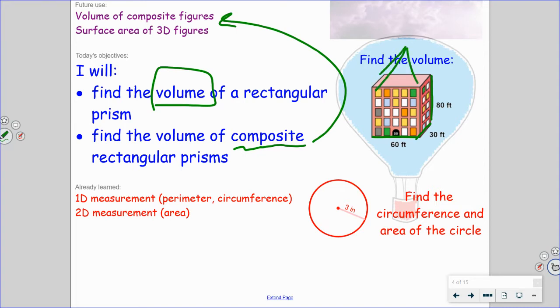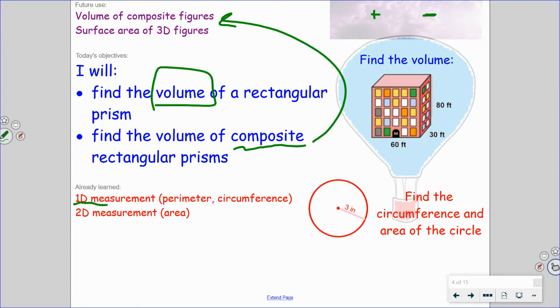Some might have a roof on the top, in which case you have more than one figure. So just so you know, sometimes we might have to add up one or more volumes. Sometimes we might have to say, well, there's a bubble in the middle, there's some part that is not needed, so we would take it away. But that's where we're heading. For today, volume of rectangular prisms.